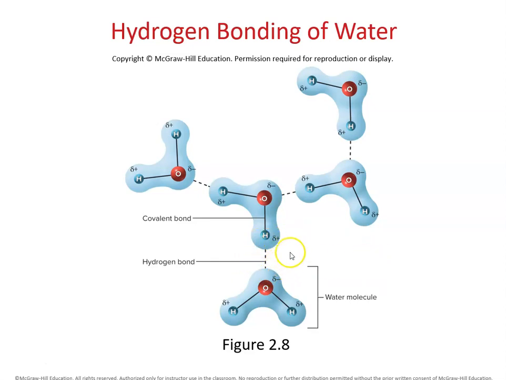Super important. I would expect to see this on an exam because I think this is really important. The thing that holds the oxygen to the hydrogens in a water molecule is a covalent bond. The thing that gives water its properties, that allows interaction between one water molecule and the next, is a hydrogen bond.